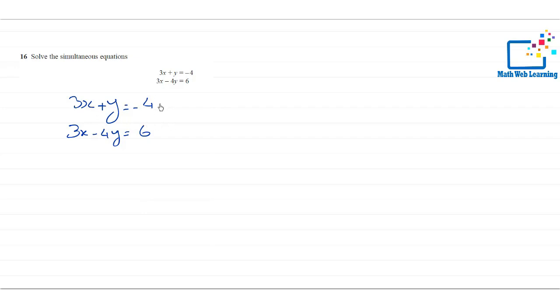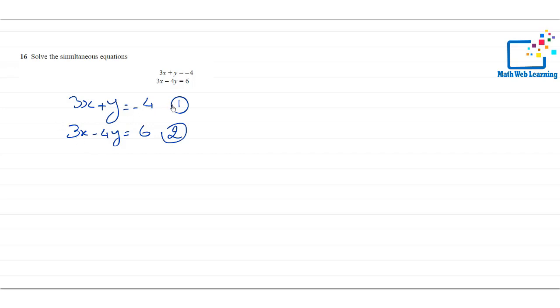So we have this equation, I'm going to call it 1, and this one I'm going to call 2. I'm going to decide which variable, x or y, to eliminate. You can see the easiest one to eliminate is the x, because it's the same amount of x. So let's go ahead and do that.